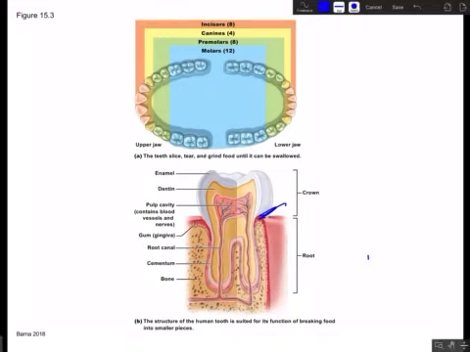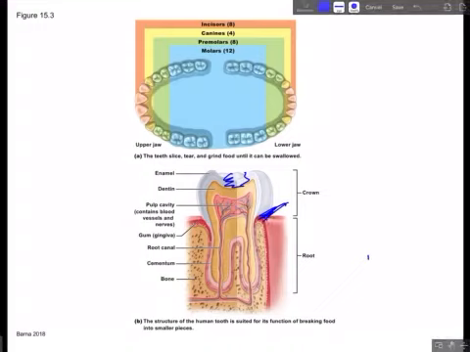But bacteria gets trapped in there and you get this plaquing that occurs. You can actually see this plaquing start to occur on an x-ray. The acid erodes the enamel and basically it causes you to have a cavity. So you can get a filling, which is when you have enamel that's been eroded away, they can put, I'm not sure of the substance, but they can put a cap in there.